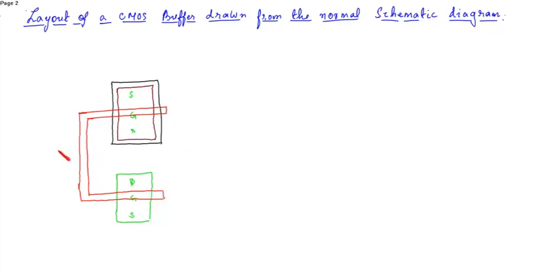This is the input, that is over here we have taken input as A. Now the source of the PMOS is connected to VDD and source of the NMOS is connected to ground.